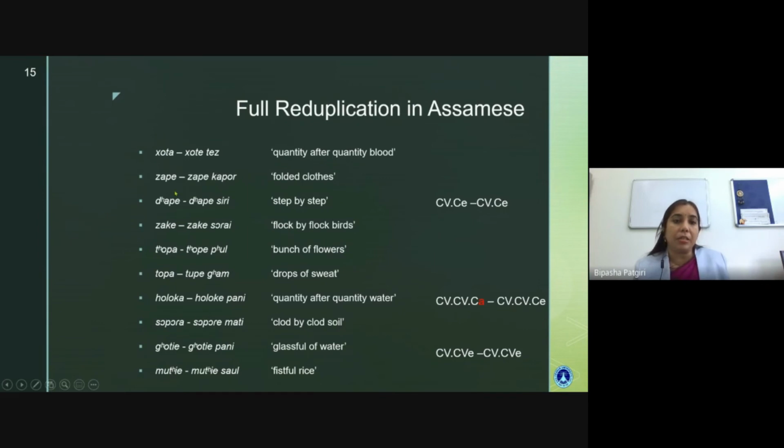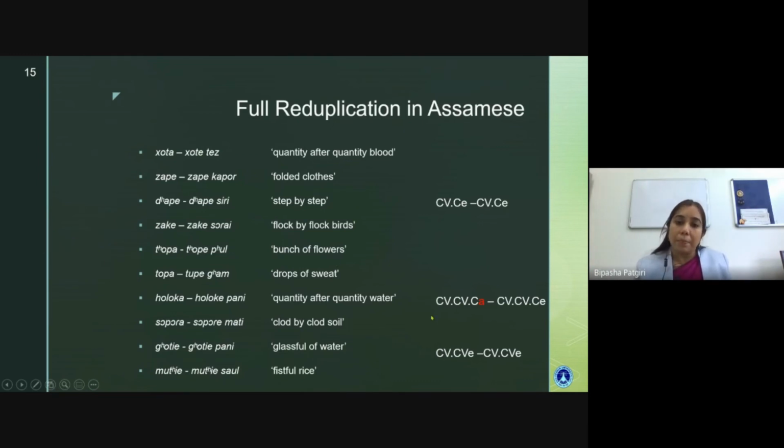Sometimes there is a variation: in this case you can see at the end there is an A, because the root itself has an A. But if the base ends with a CVC structure, like this classifier, which is ZAP, a closed syllable, then only A is found in both cases. But if the root itself ends with A, a CV structure, then it will retain the original A, and the reduplicative structure gets only A.